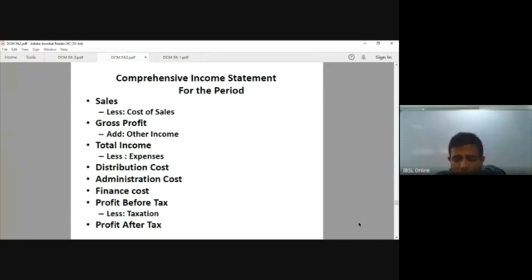The two statements together we call the comprehensive income statement. The comprehensive income statement has two parts. The first part is the income statement, starting from sales and ending with profit after tax. Then the balance part is called the other comprehensive income statement.